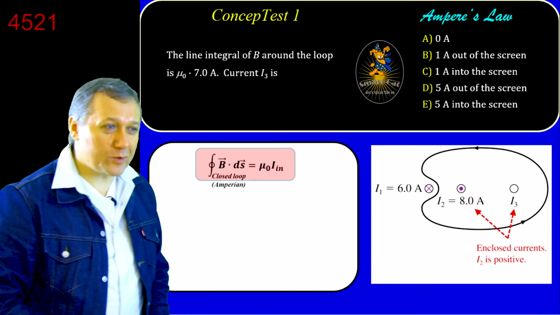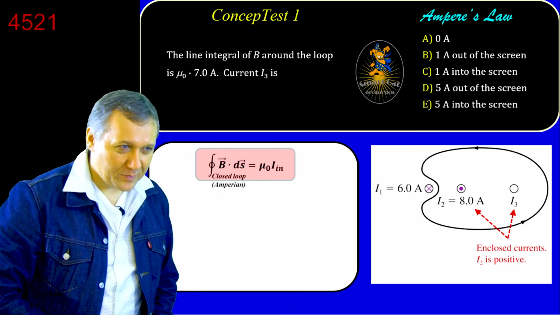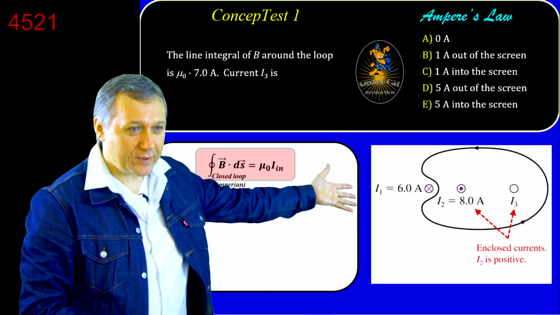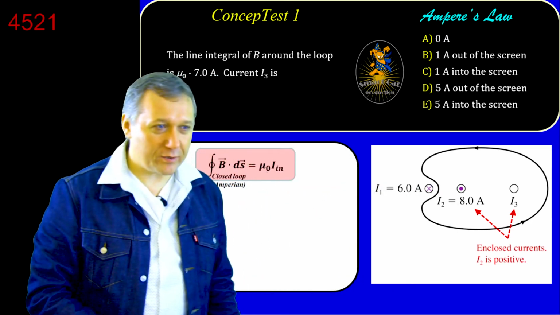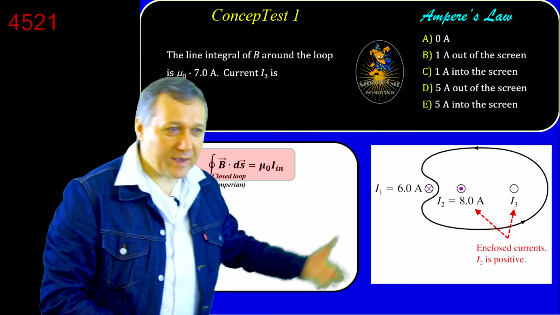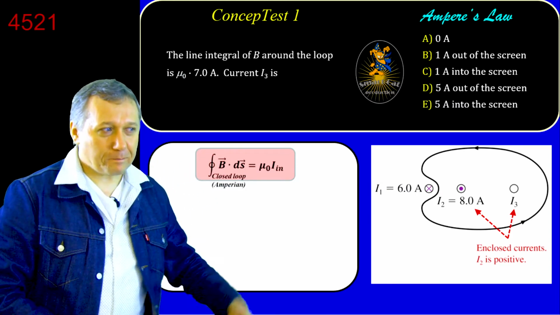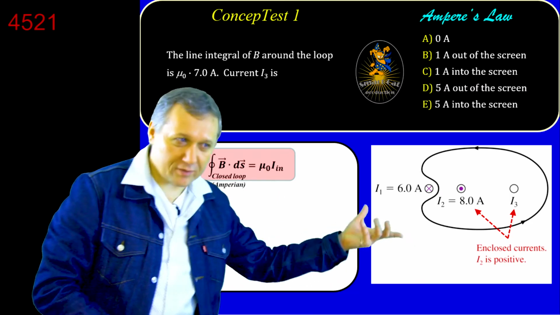So it's time to use the same trick which we've used multiple times: assume a direction, because we have 50% chances of getting it right. It's either out or in. Solve the problem, and then at the end, if your current happens to be negative, you can adjust the direction.